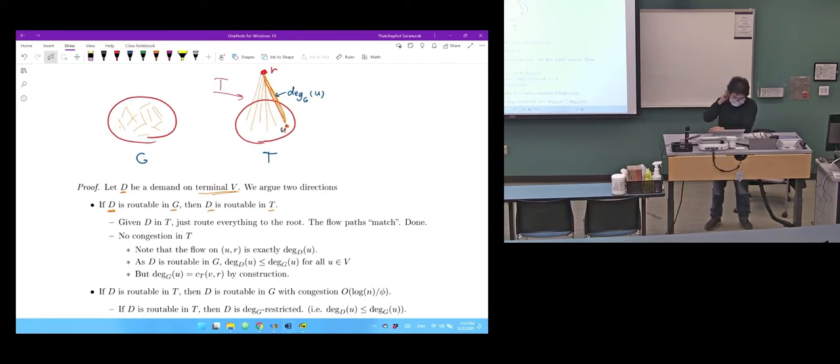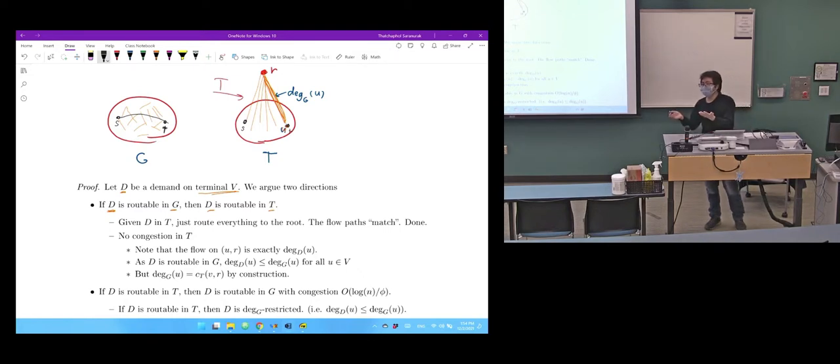Well, basically, if you want to route, suppose that your demand is just from S to T, okay? And let's say that this is routable in G. How would you route it in this T? There is only one way to route.